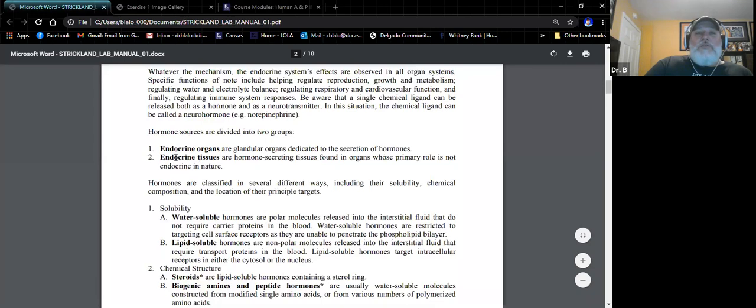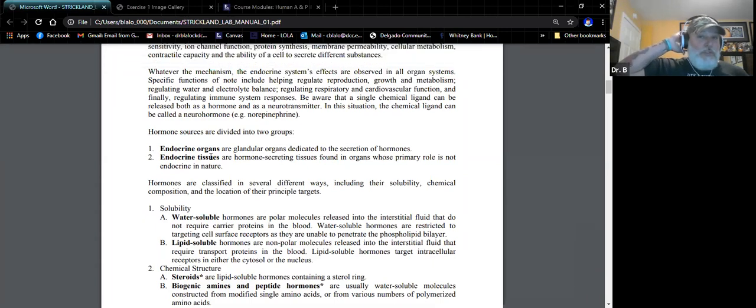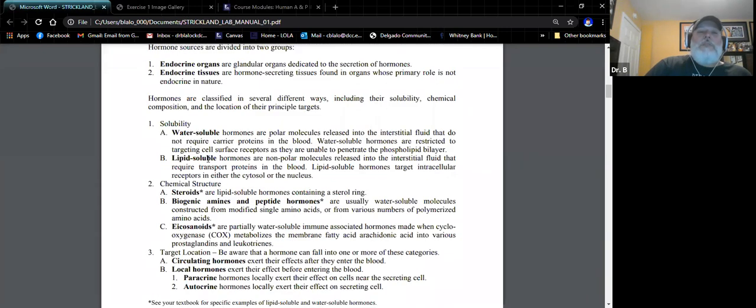I always tell students, anytime you see bold type in this lab manual, those are key things that you need to make sure that you remember, all right? So you need to make sure you understand the difference between endocrine organs and endocrine tissues. You need to make sure you know the ways that hormones are classified by solubility, water soluble, lipid soluble. What does that mean for each one, all right?